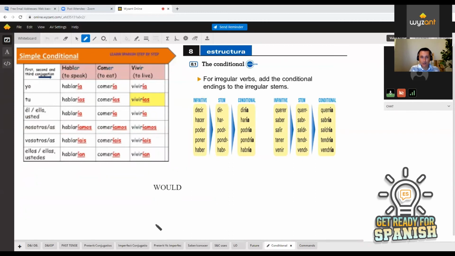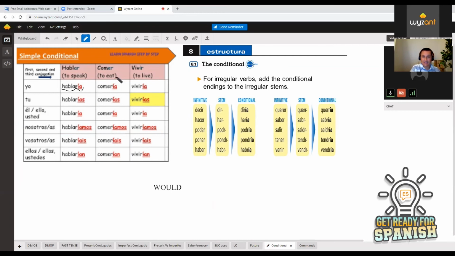The conditional is when we have to say I would go, but I can't. I would do it, but I don't have any money. So in order to do that in Spanish, again, to the infinitive, hablar, we are going to attach an ending: ía, ías, ía, íamos, íais, ían.